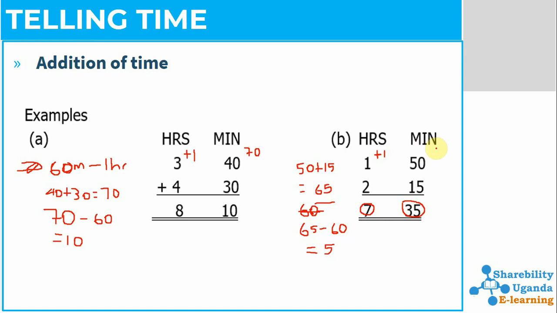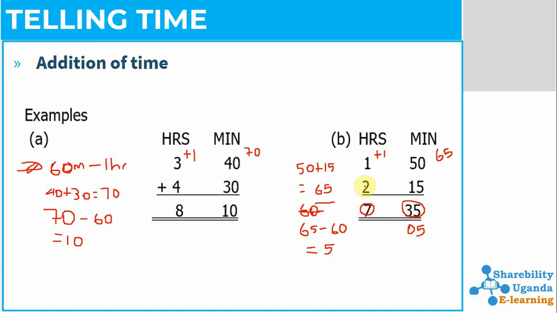Of course, here we are able to get the 65 minutes. So here we are able to write our 5 minutes. How do we write our 5 minutes? We write 0, 5.